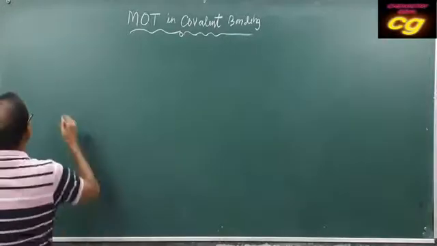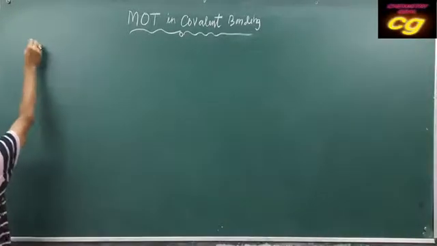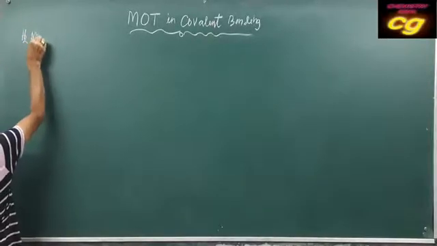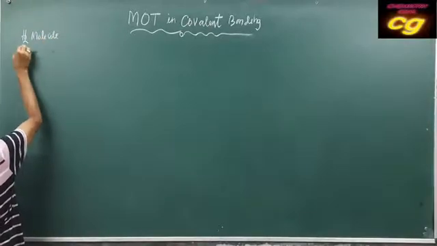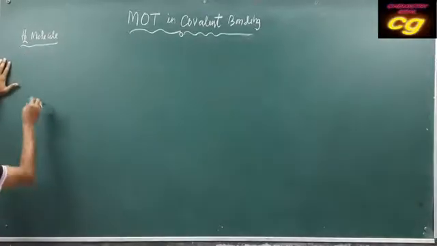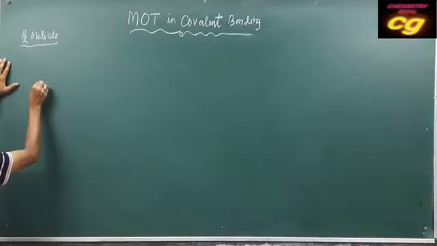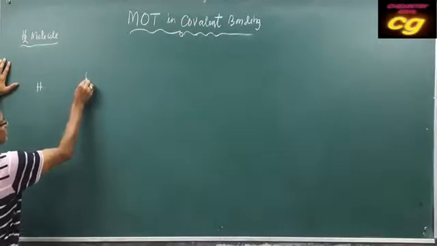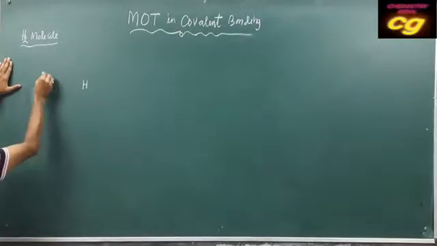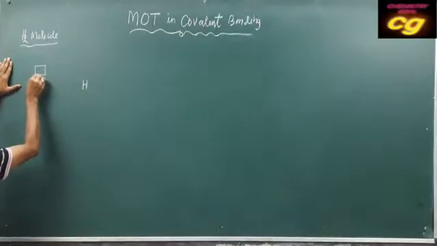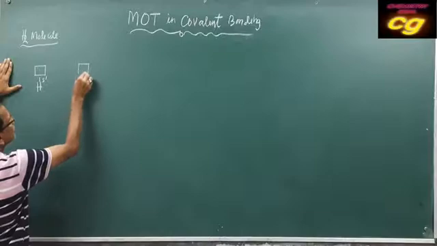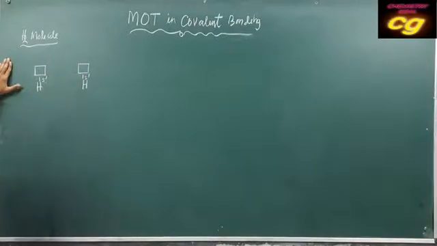For example, let us take the formation of the hydrogen molecule. The hydrogen molecule has two hydrogen atoms, H and another H. A hydrogen atom has only a 1s orbital, that is 1s1, and this is also a hydrogen atom, 1s1.